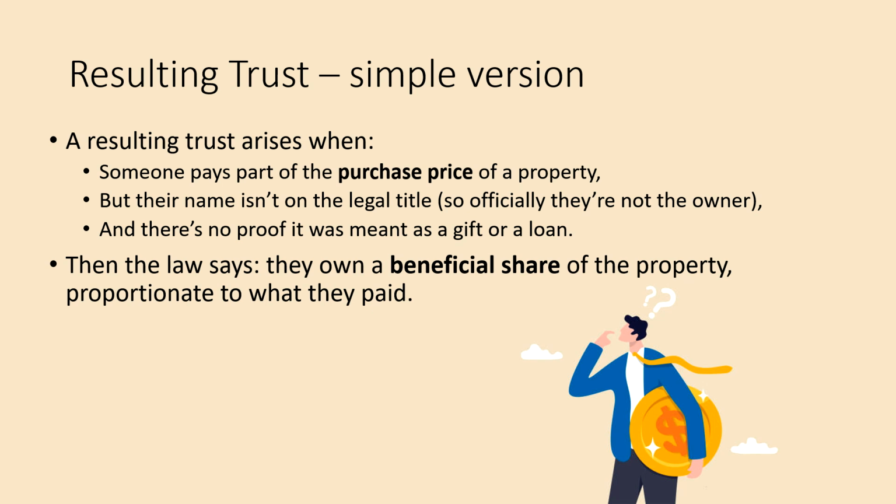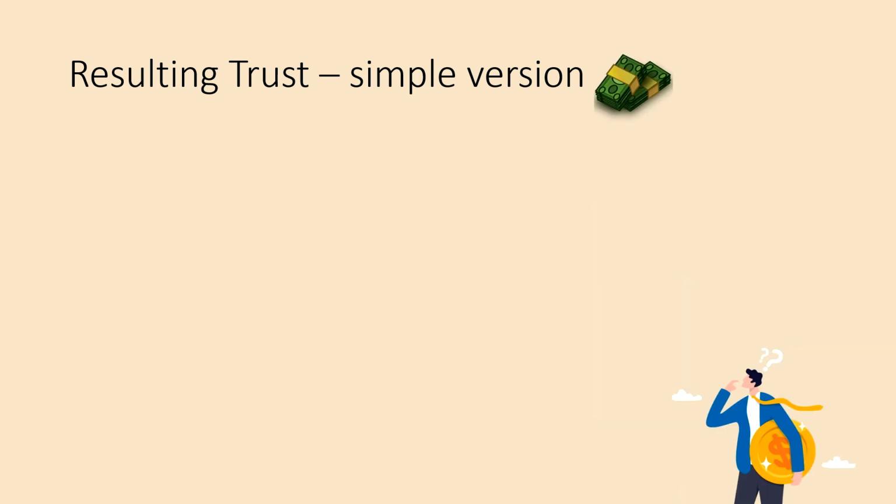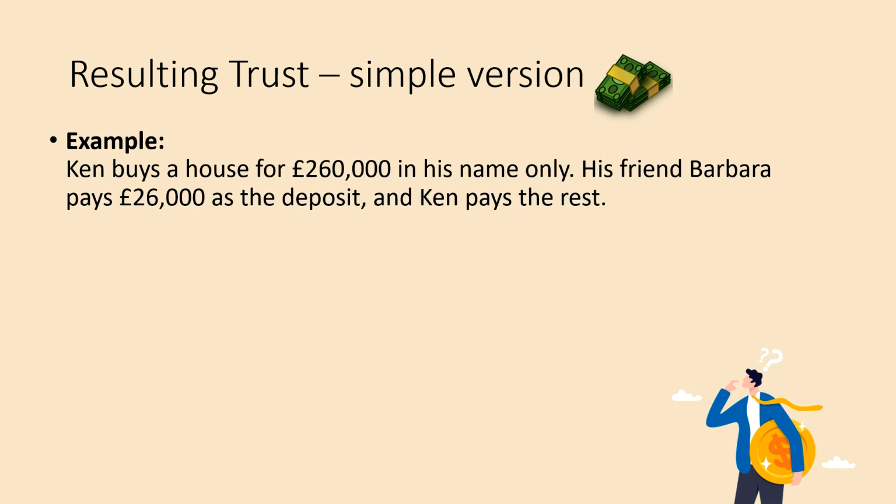So, for example, if we have a £100,000 deposit to pay for a property, and you make a contribution towards the property of, let's say, £20,000, then you would get a 20% beneficial share in proportion, obviously, to the whole amount of the deposit. So really just try to remember that this is about money.